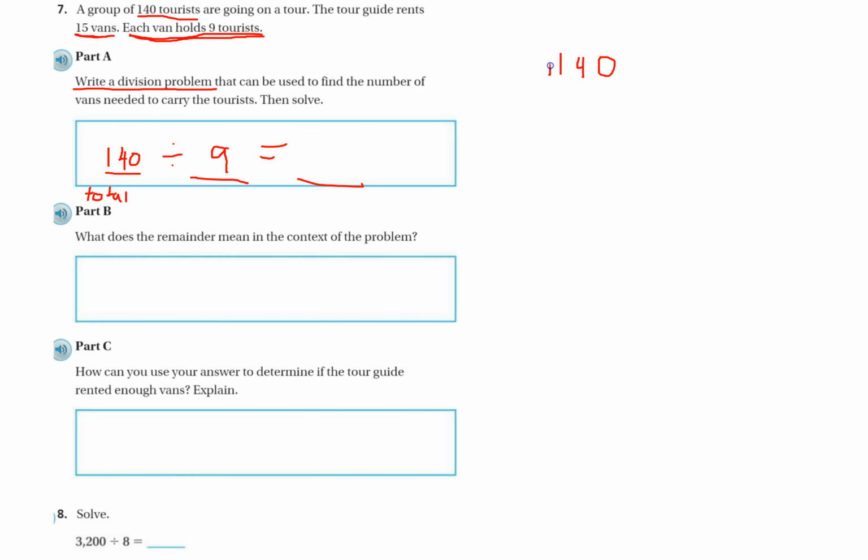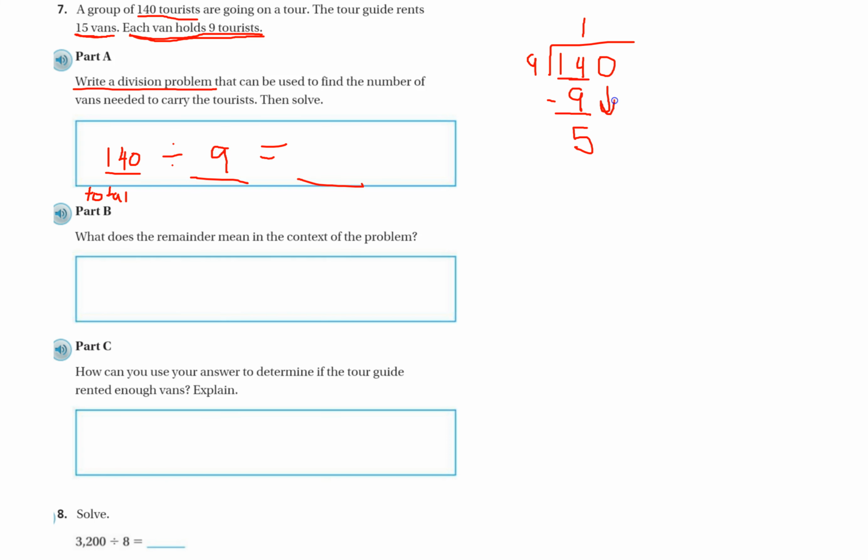140 divided by 9. 9 can't go into 1, but it can go into 14. 9 goes into 14 one time. 1 times 9 is 9. Subtract. That gives me 5.